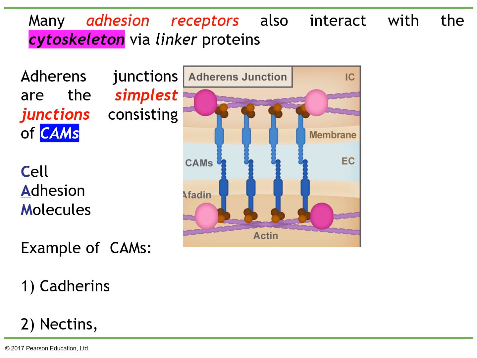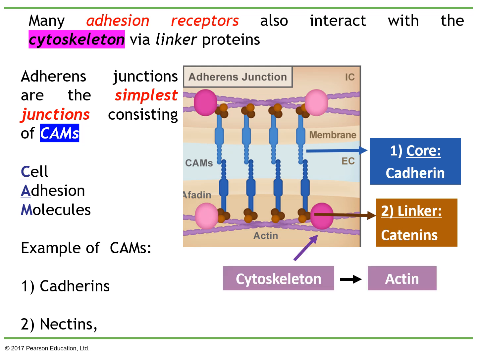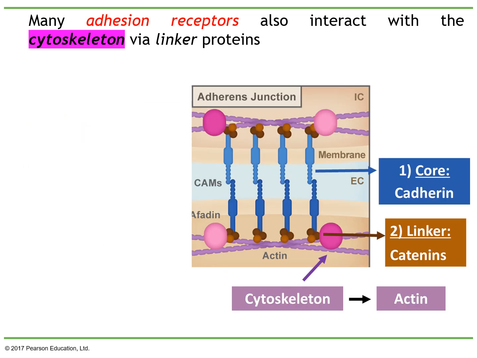I haven't told you anything about this protein that is called adhesin. Again, same idea. You have the core here. Then you will have linker proteins that in this case are the cadherin and the catenins, and you have three. And here you will have the cytoskeleton that in this case is actin. In all the junctions, except for the gap junction, you will see core, linker, and cytoskeleton.